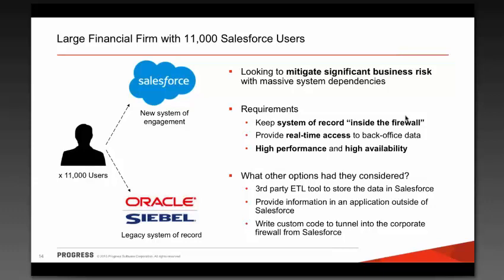There's always the potential that changes have occurred, potentially even during the ETL process, which can create some challenges in keeping that data current. And then third, performance and high availability were two extremely important considerations.